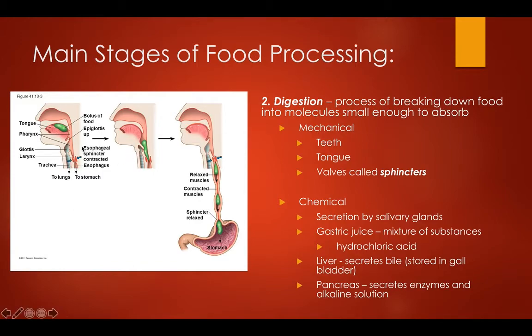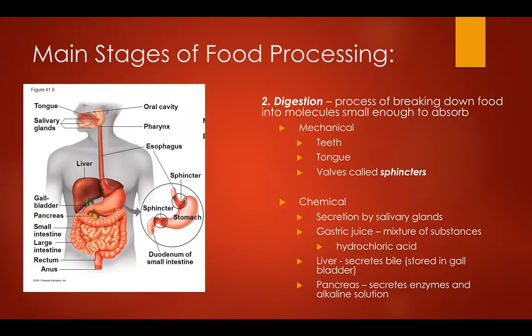You have an esophageal sphincter here that remains contracted until you're ready to swallow, and then the food works its way past the sphincter, continuing down the throat until it enters the stomach for further chemical digestion. So again, we're piecing apart all of these different parts involved with digestion.